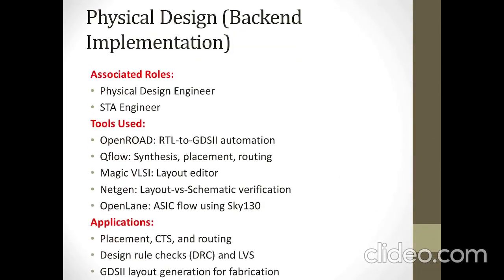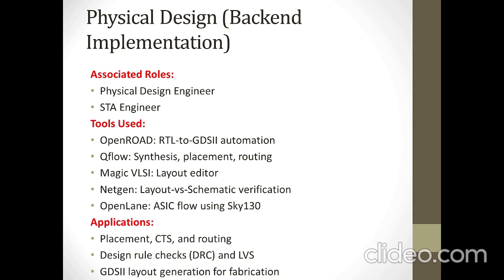Let us come to physical design, which is formally known as backend implementation. The associated roles here are physical design engineer or even STA engineers. The tools used for PD are OpenROAD, which is used for RTL to GDSII automation, and a flow used for synthesis, placement, and routing. Magic VLSI is used as a layout editor.